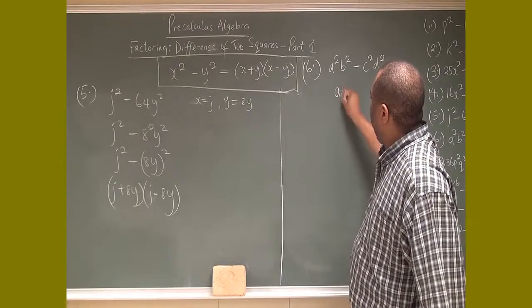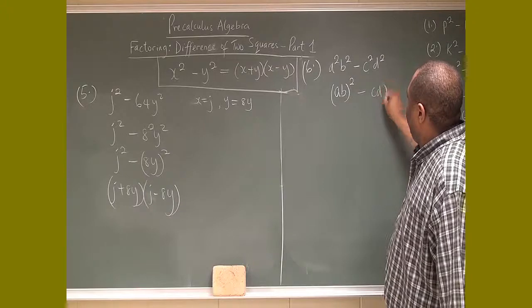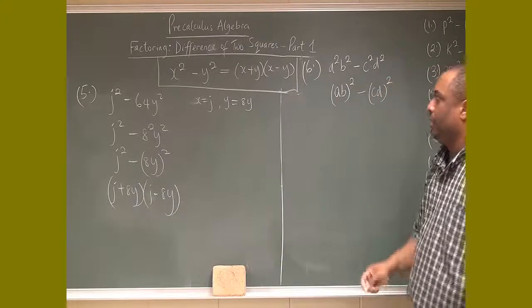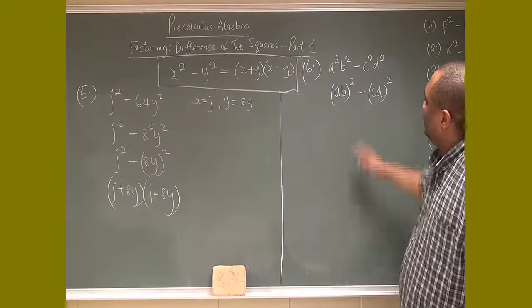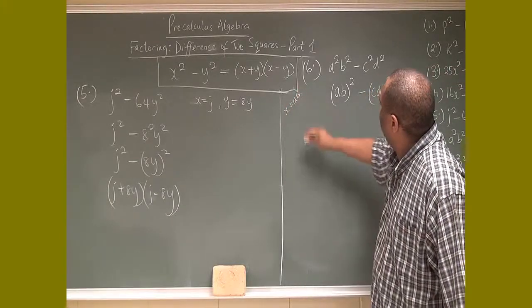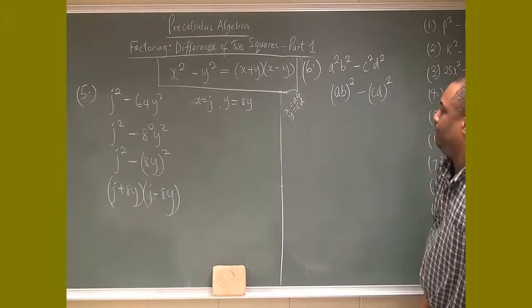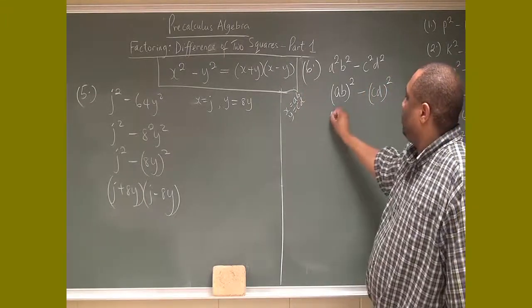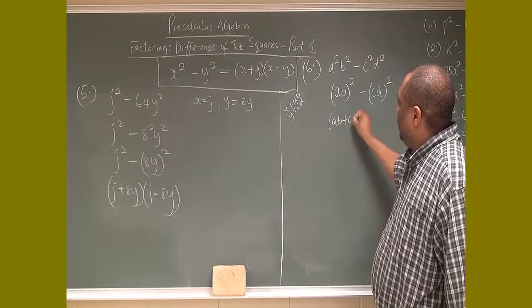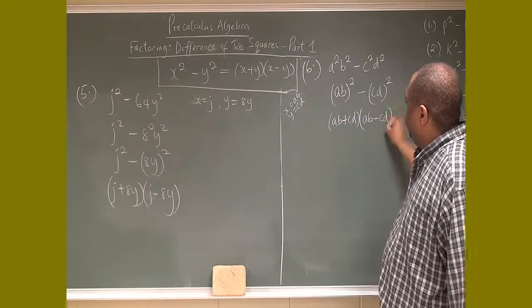This is ab all squared minus cd all squared. In this case, what is your x? Your x is ab, and your y is what? cd. Your x is ab and your y is cd. So this is what? ab plus cd times ab minus cd.